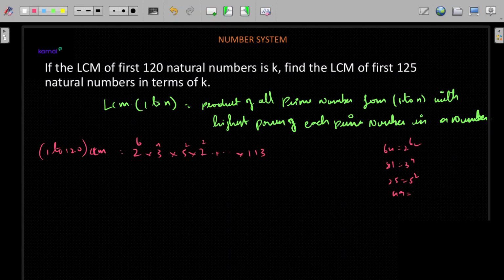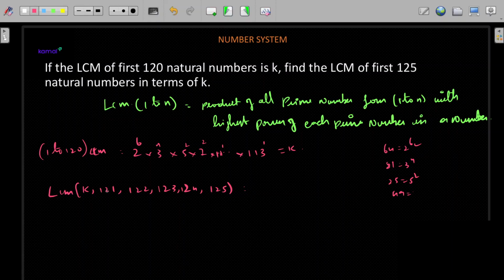From 11 to 113, the highest power of each prime in any number is going to be 1. Now this is the k value. We want to find the LCM of k, 121, 122, 123, 124, 125.